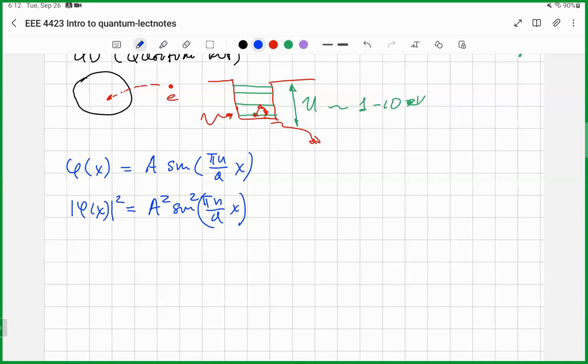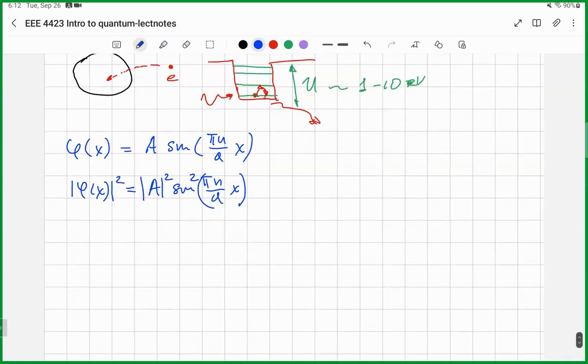It's better to put modulus squared for the A because it still can potentially be complex. Okay, and for the normalization, I need to integrate this probability over all x, and normalize it to 1.